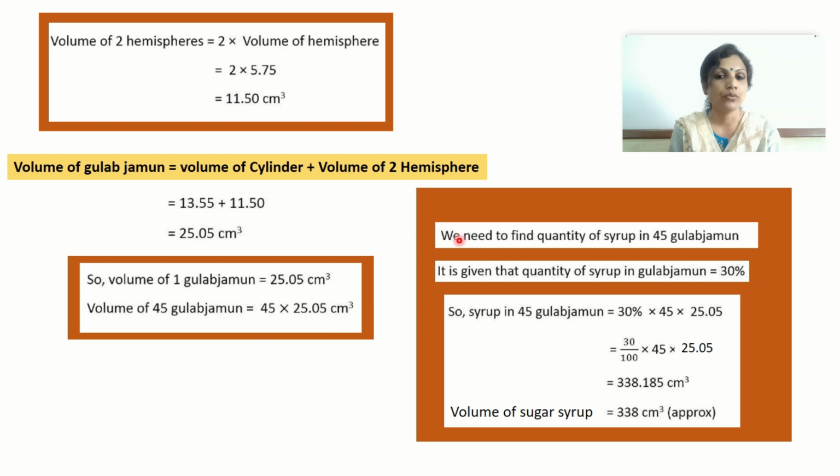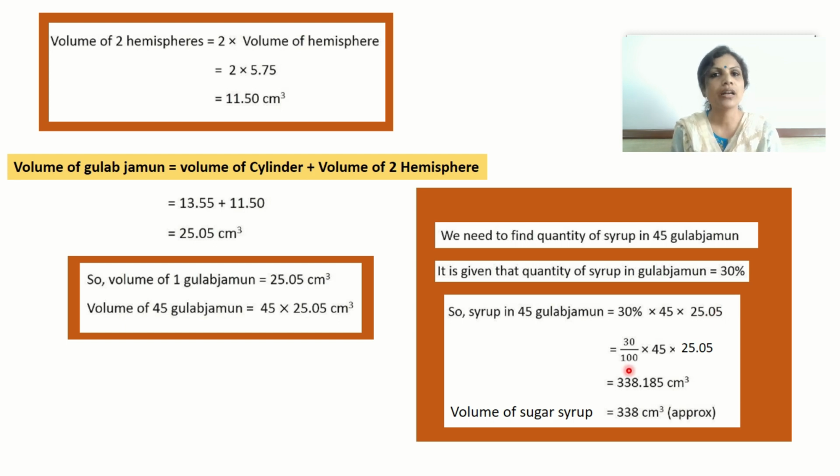Now what we have to do? We need to find the quantity of syrup in 45 gulab jamuns. We are given that the quantity of syrup in gulab jamun is 30% of its volume. So we'll find syrup in 45 gulab jamun is equal to 30% of volume of 45 gulab jamuns. And volume of 45 gulab jamuns we have taken as 45 into 25.05.